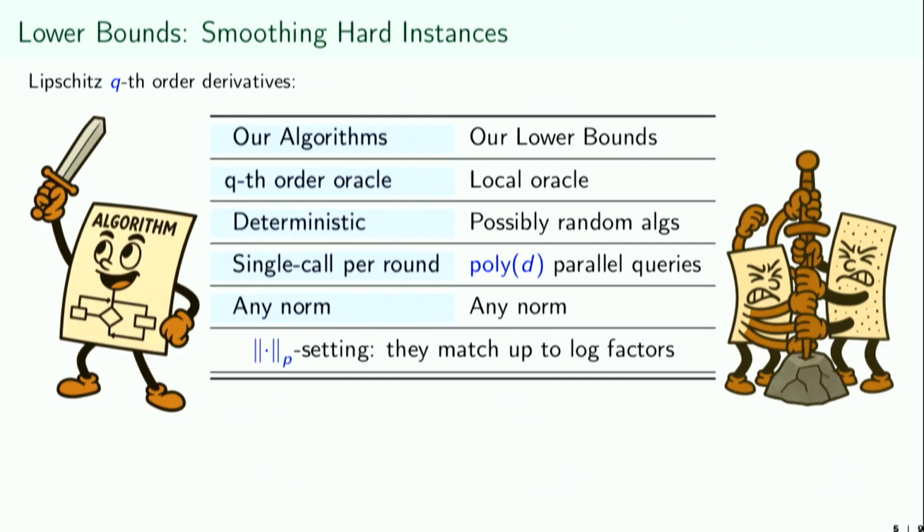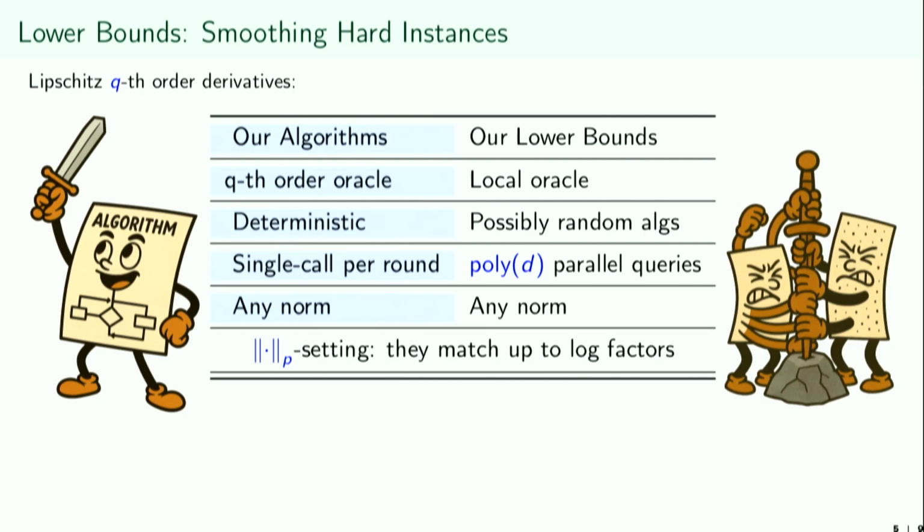So let me talk about the lower bounds that we obtained when we have a qth order oracle. In contrast with our algorithms, which call this oracle deterministically, make one single call per iteration, and work in any norm, if we wanted to do something better, even if we had a local oracle that returns all of the derivatives of our function, even if we use randomization or allow for poly(d) parallel queries per iteration, then our lower bound would only decrease by a logarithmic factor.